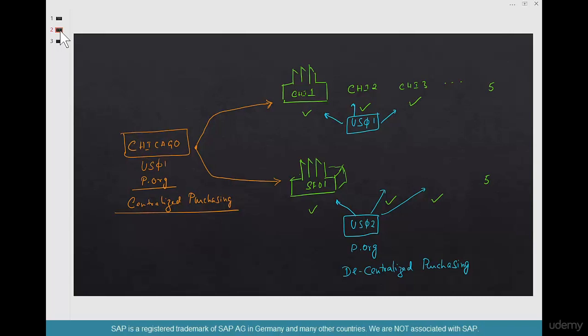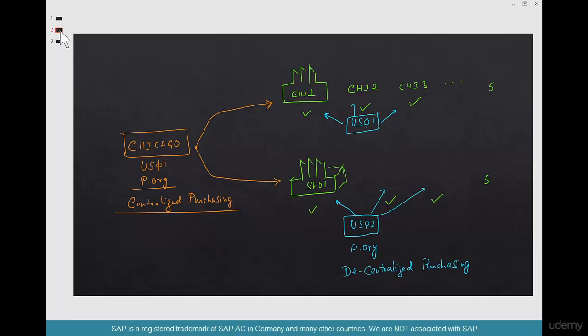Now, in some industries, it does not work that way. So niche industries and very technology-oriented industries might not work that way. But overall, in general, for most conventional industries, centralized purchasing is always better because you get better margins when you go with higher procurement volume.